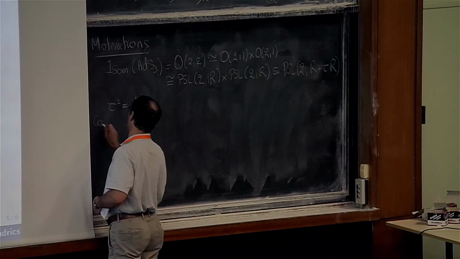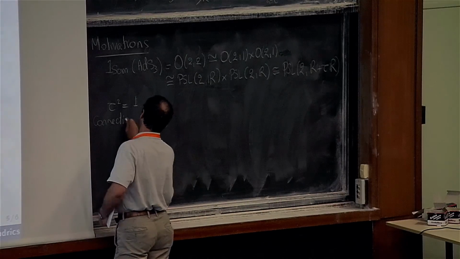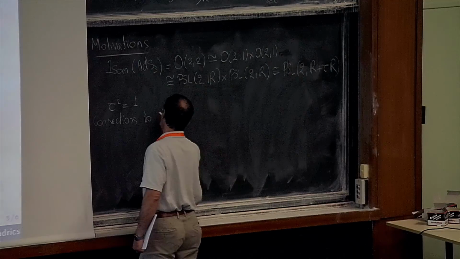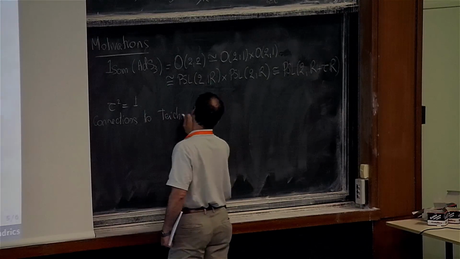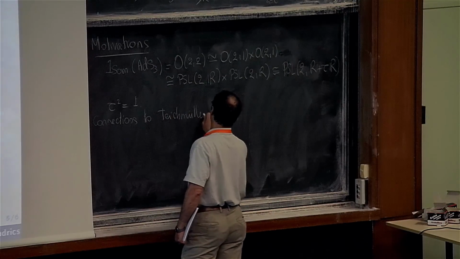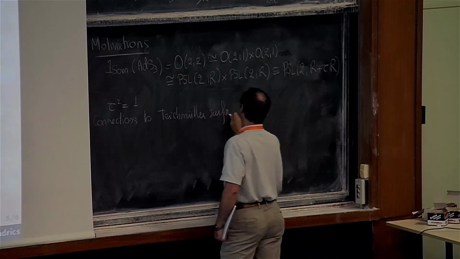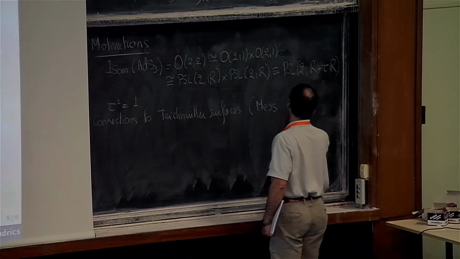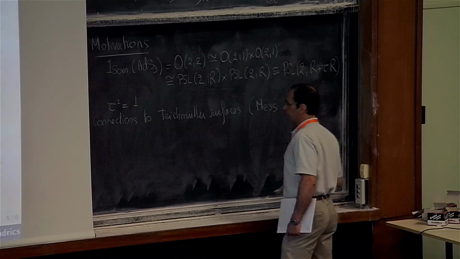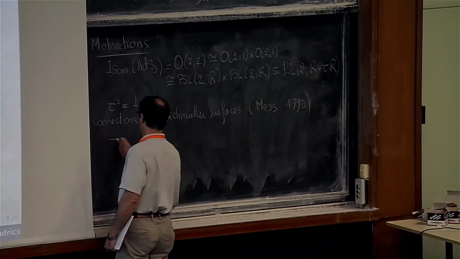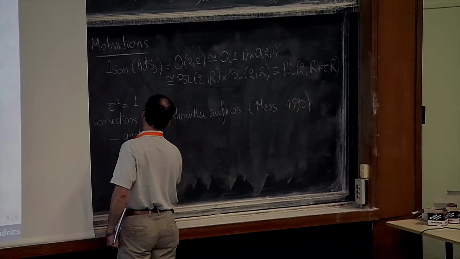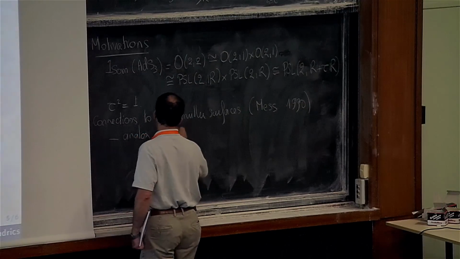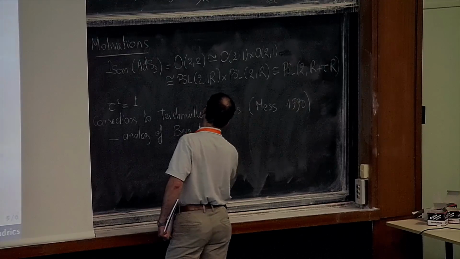Then there are connections to Teichmüller theory or hyperbolic surfaces. This appeared in the work of Mess in 1990. Mess proved two things. He proved an analog of Bers' double uniformization.